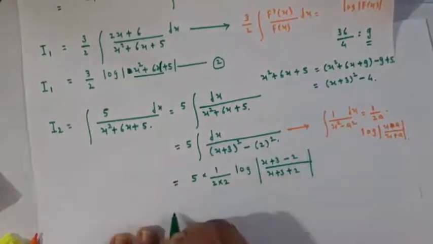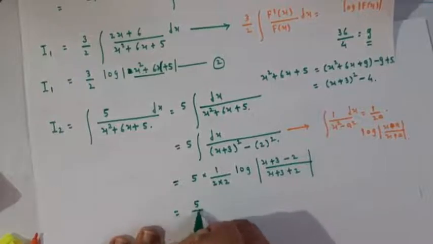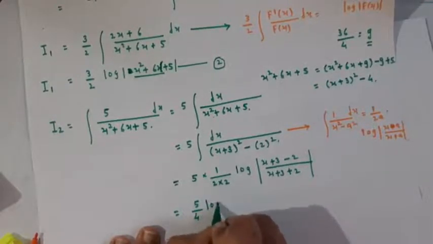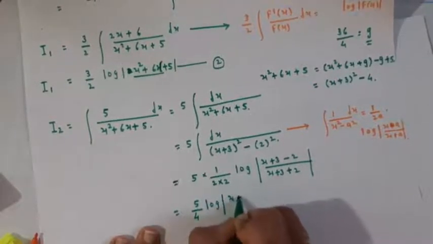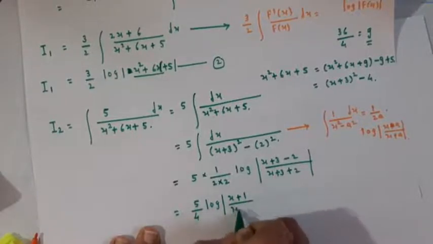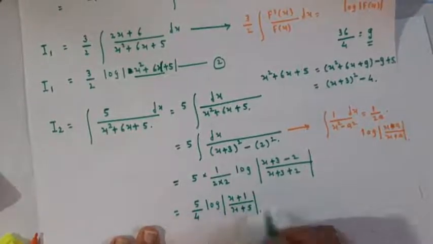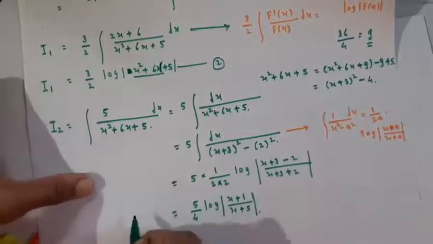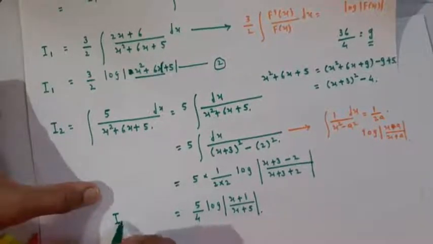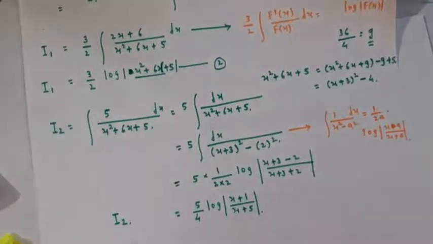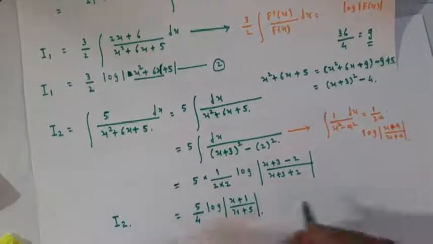Okay, and this is 5 by 4 log of (x plus 1) upon (x plus 5). This is the integration of the second integral. This is the solution for the second, and this is I2.